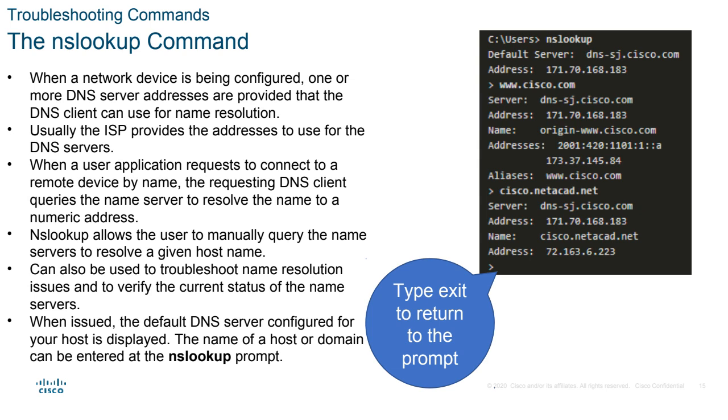It can also be used to troubleshoot name resolution issues. When issued, the default DNS server configured for your host is displayed. So you look here, we typed nslookup. We have the default server for us, and the IP address.